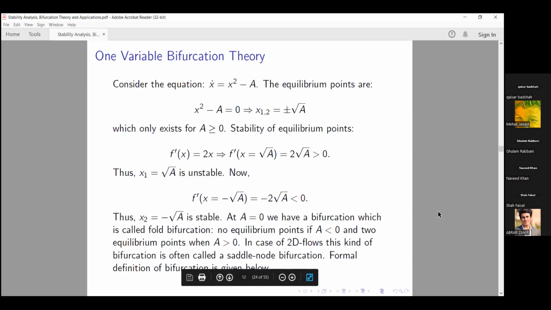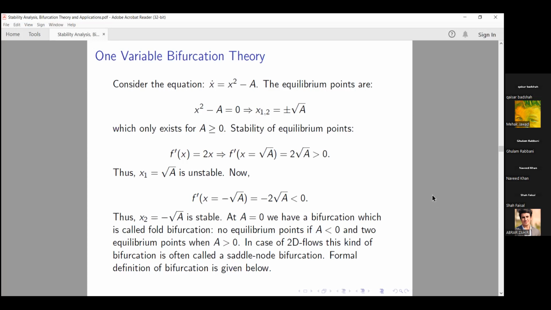So now we will look at bifurcations for one variable, as we have already considered stability. Consider such an equation, x dot equals x squared minus a.